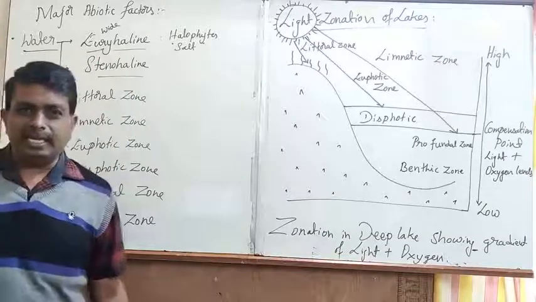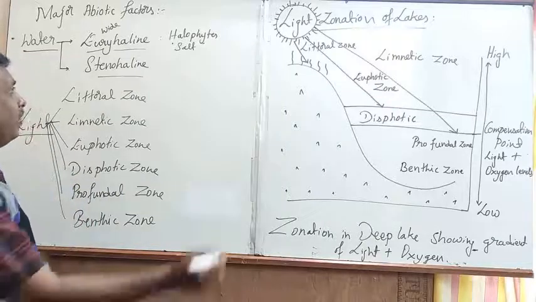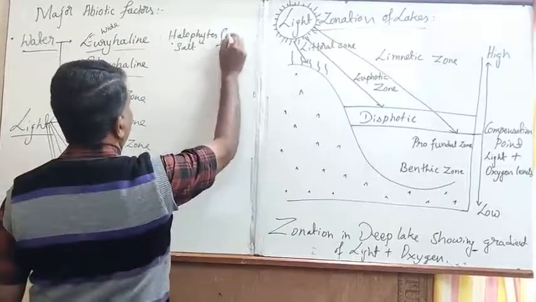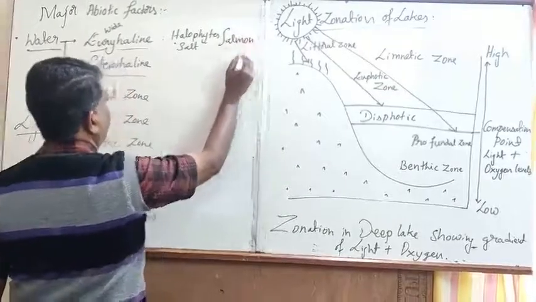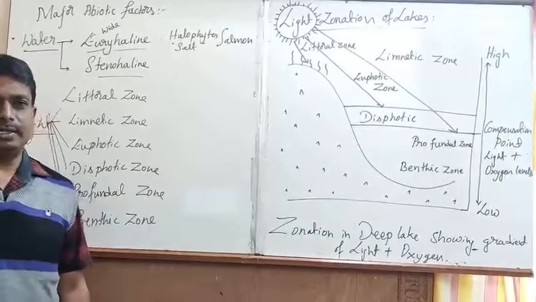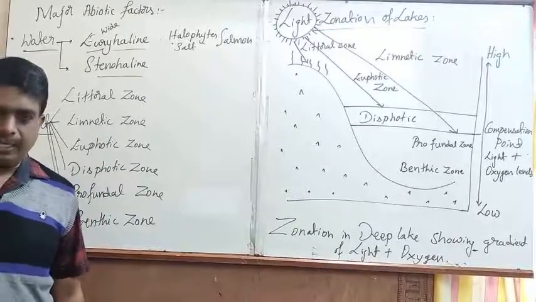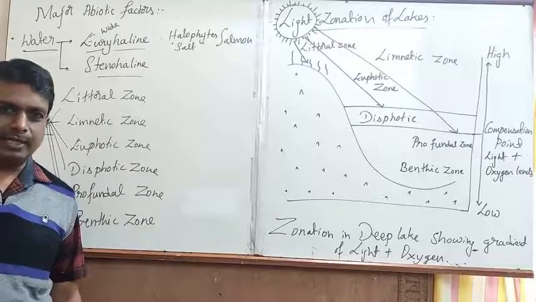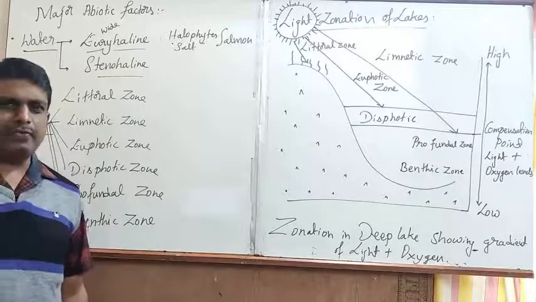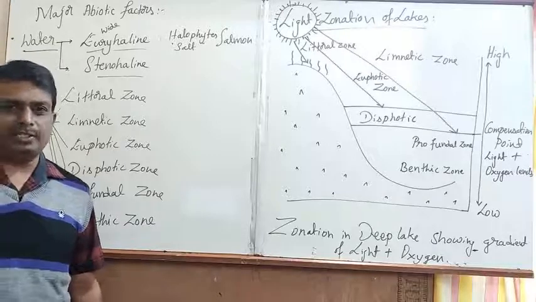One of the classical examples of euryhaline organisms is the salmon fish. Salmon take birth in fresh water, and the major part of life is spent in the marine ecosystem.